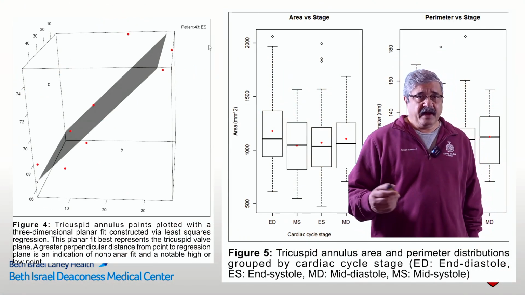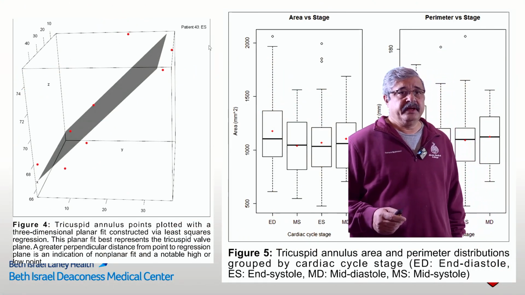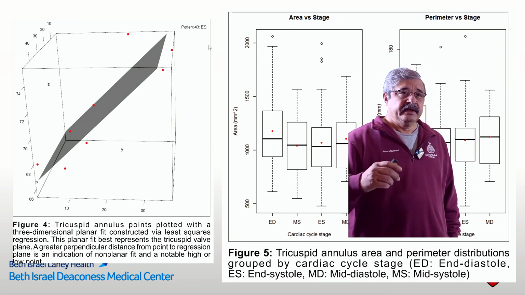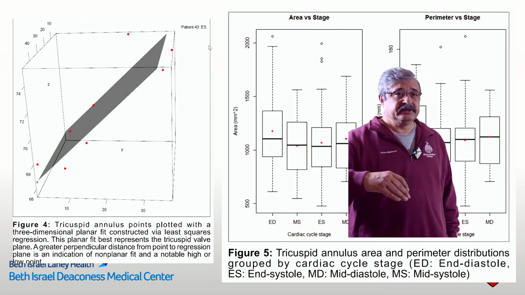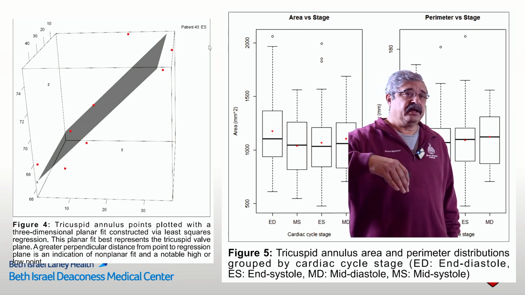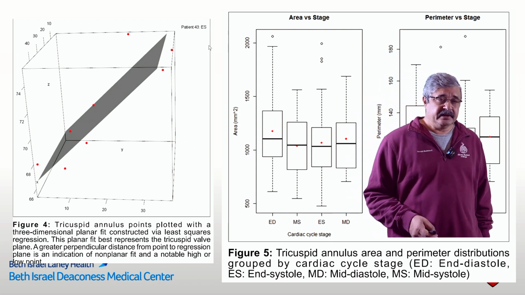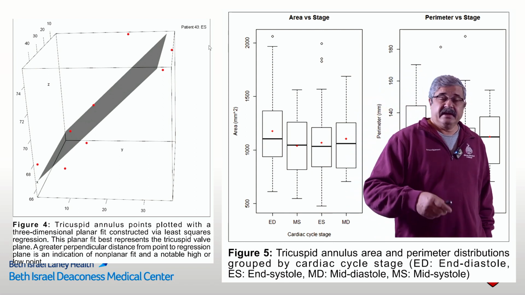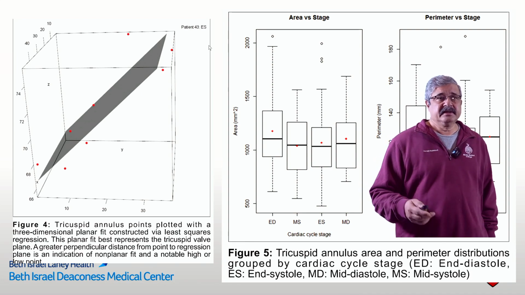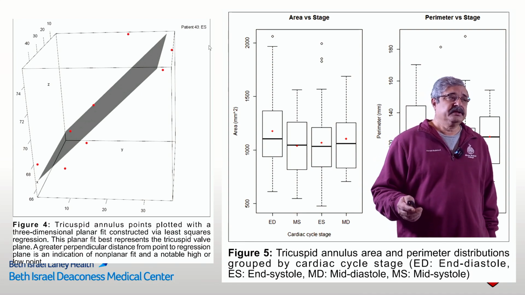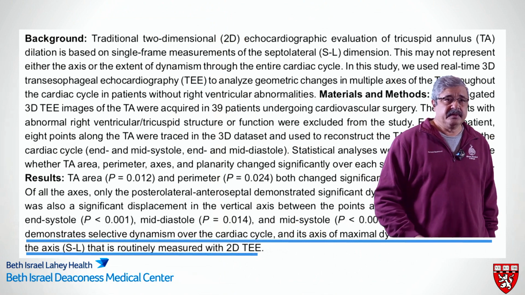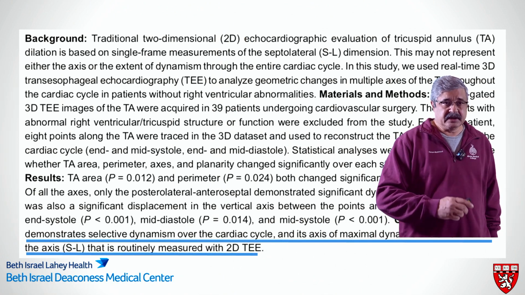Again, one of the most important things we found was that the end diastolic stage of the cardiac cycle had the largest area of the tricuspid annulus, and this perimeter and annulus change was less pronounced in people who had functional tricuspid regurgitation.